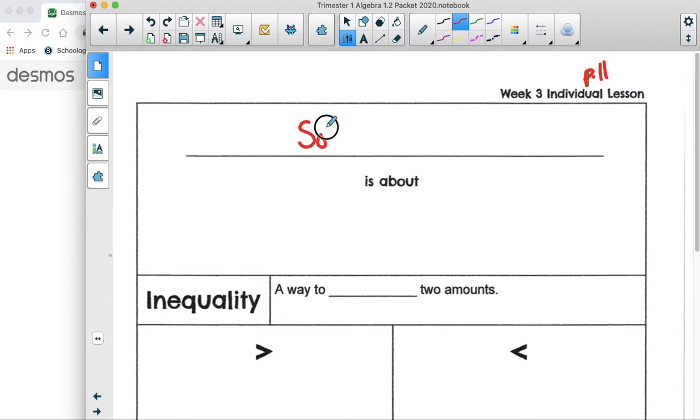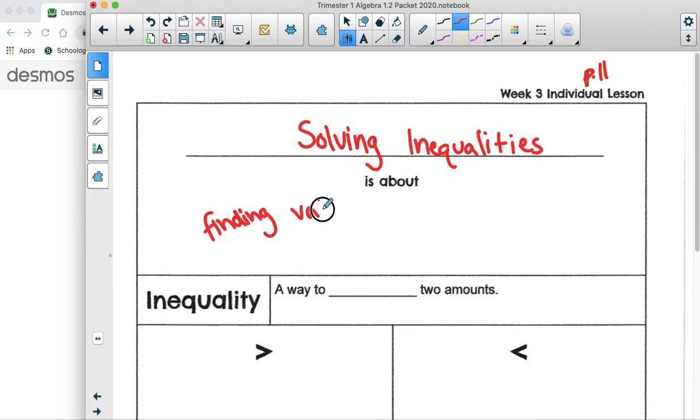Okay, so today we're going to be solving inequalities. Okay, and that's just about finding values of variables.